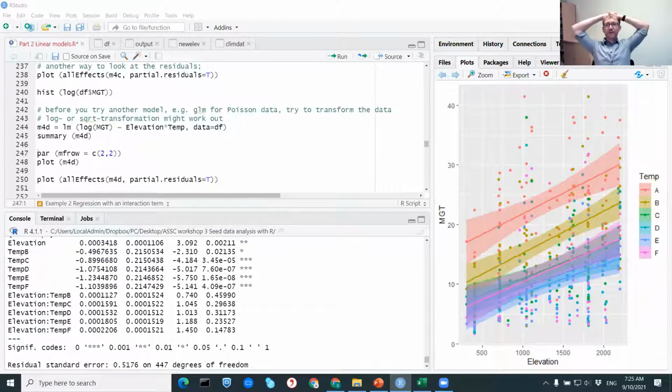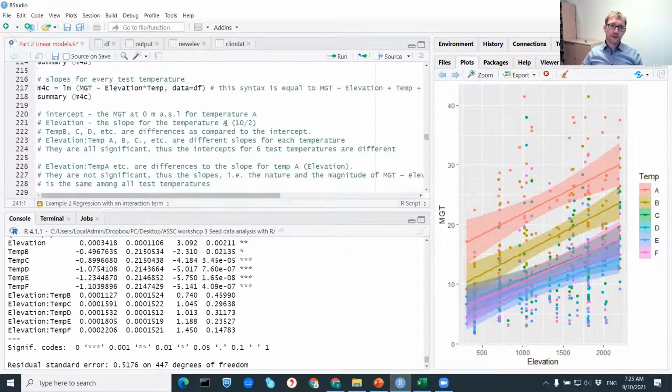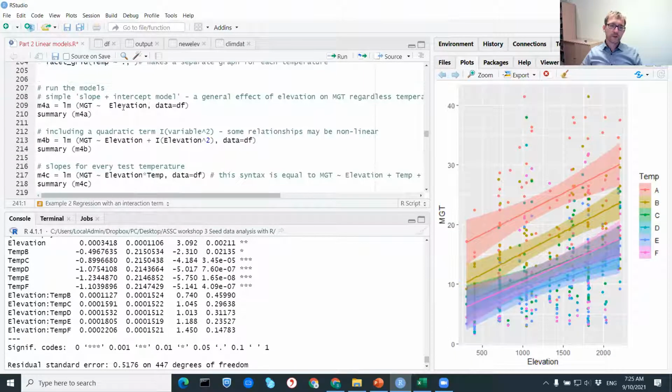Yeah, and this is how a lot of researchers would proceed. You see some non-significant results in your model output, and you simply remove them. But my point here is that the way you specify the model is the way you ask your questions. Up here, I'm just interested in a general pattern, whether elevation has any effect on mean germination time.